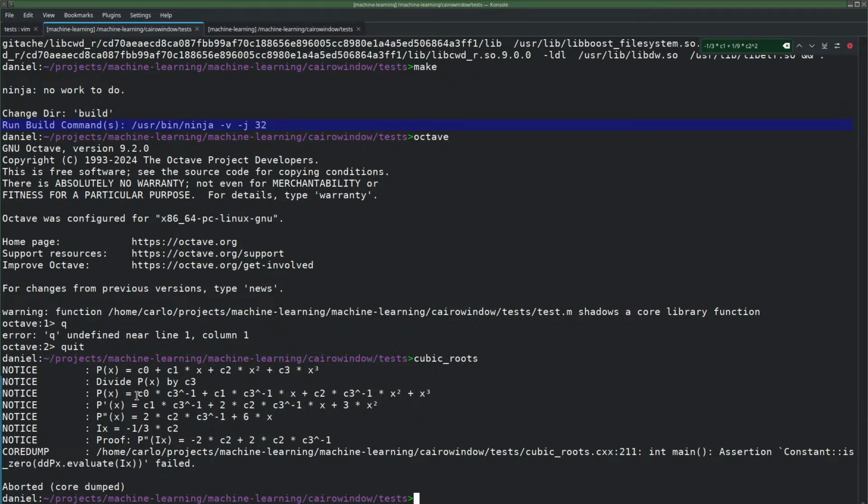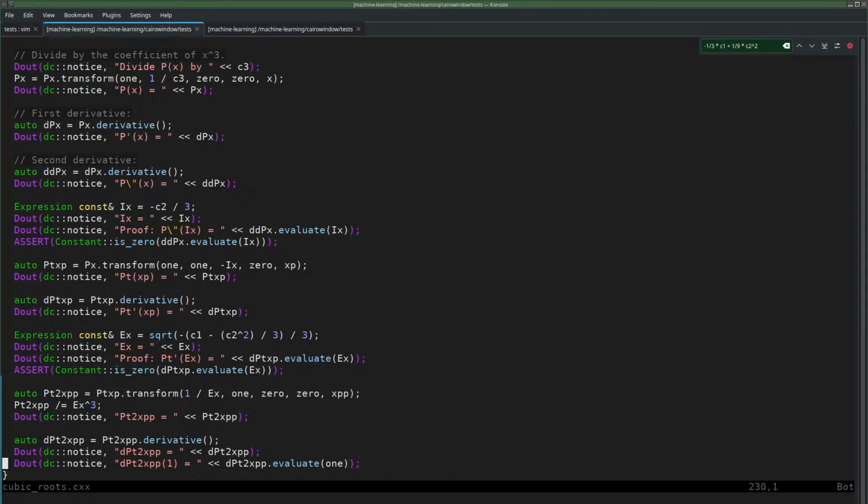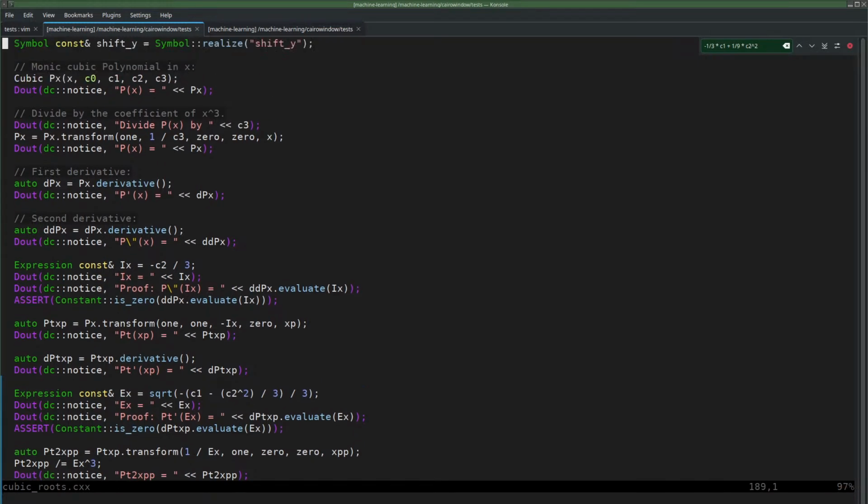Anyway, this turned out to be working, right? We have everything divided by C3. And then we end up with 1 here, of course, because C3 divided by C3 is 1. And I did it with the transform.